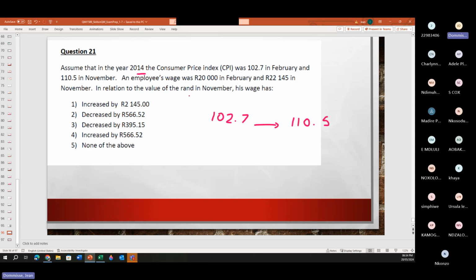Okay, so they want us to basically say, if this was his wage in February, and his wage in November was 24,145, did it go up at the same rate as inflation?